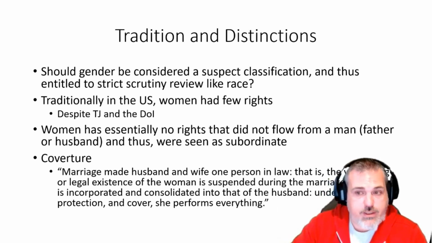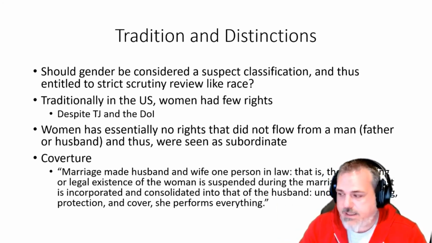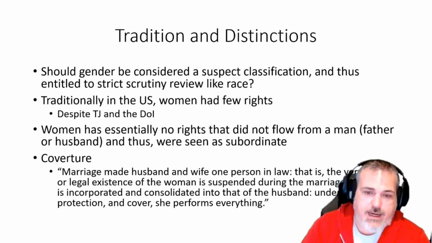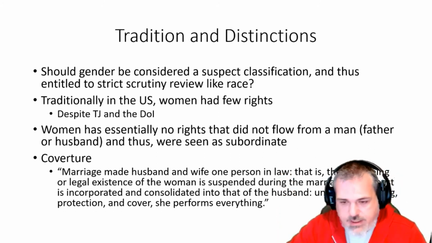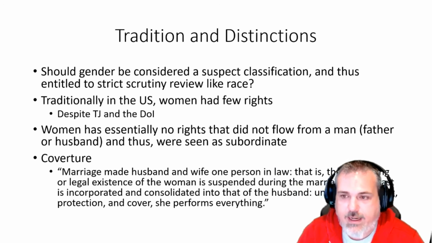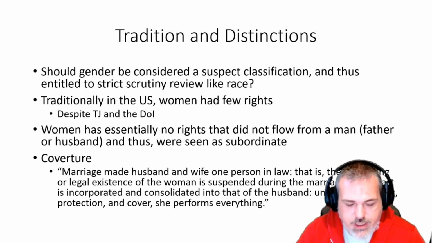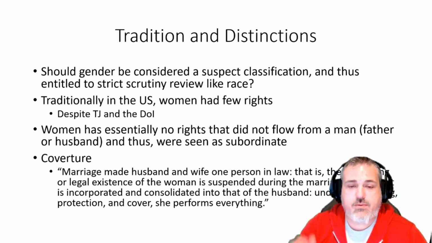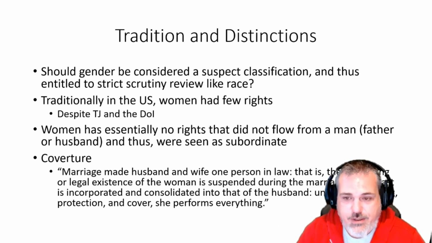So should strict scrutiny apply to gender-based distinctions, or should it not? And that's a question that plays out through the court. And the answer that I'll give you, just to foreshadow, is no. Strict scrutiny and suspect classification does not apply to gender.